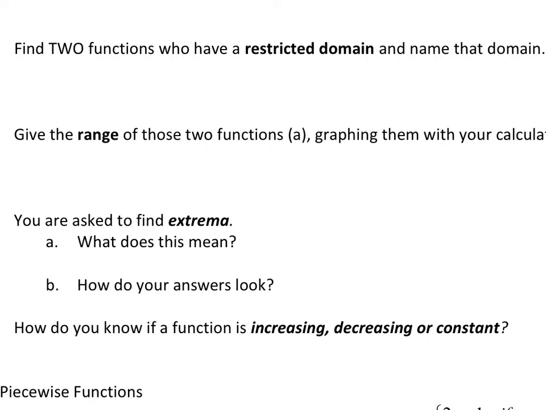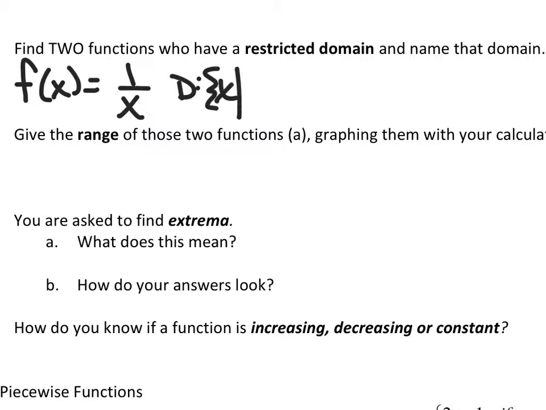Remember, domain can be restricted by fractions, so we could have a function that looks like this, whose domain is the set of all x such that x can't be 0, right? If we graph that guy, and I know you don't know this graph off the top of your head, and that's okay.